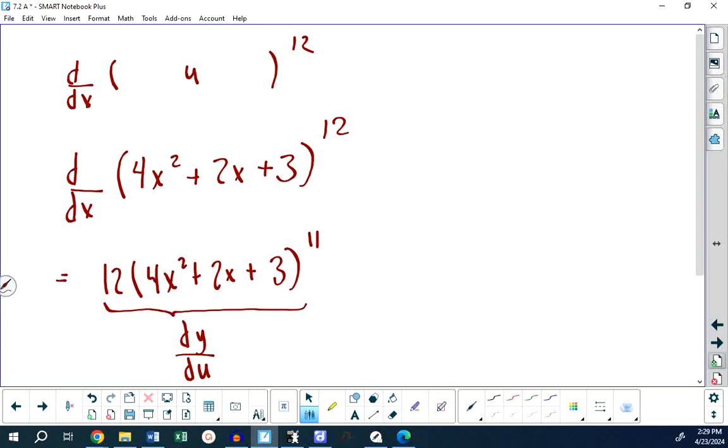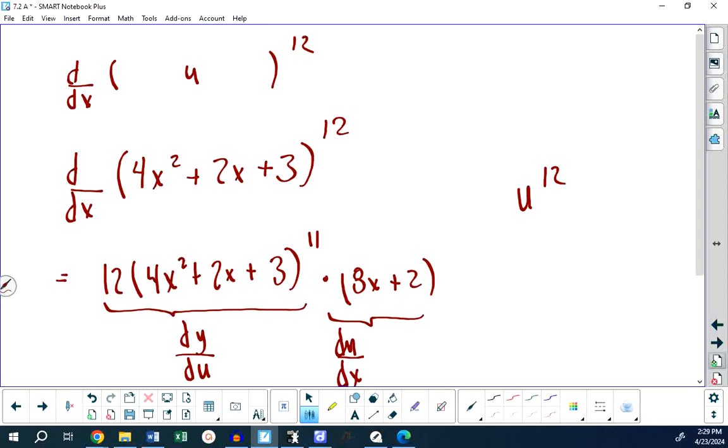If we have u to the 12, and you bring that 12 in front and drop 1 from the exponent to get 11, and you write down 12u to the 11, you've found dy du. You've differentiated with respect to u. But the chain rule says you multiply by 8x plus 2, and this is the derivative of this u thing with respect to x. Are you starting to remember the chain rule?